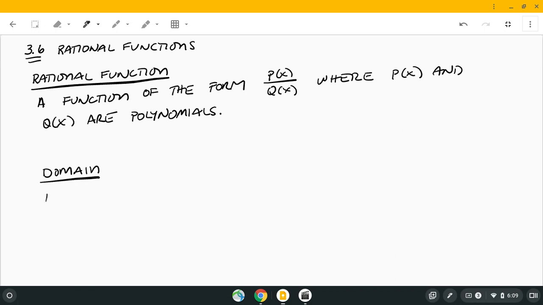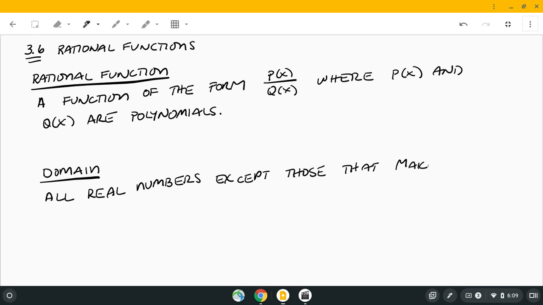So your domain will be all real numbers except those that make the denominator zero.